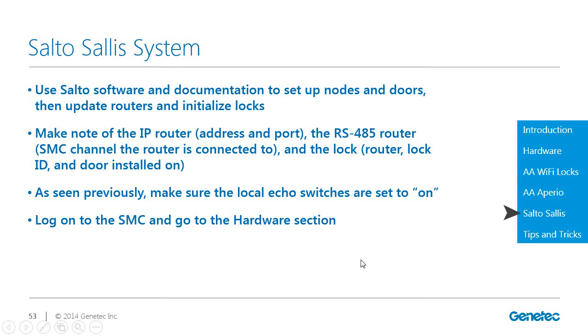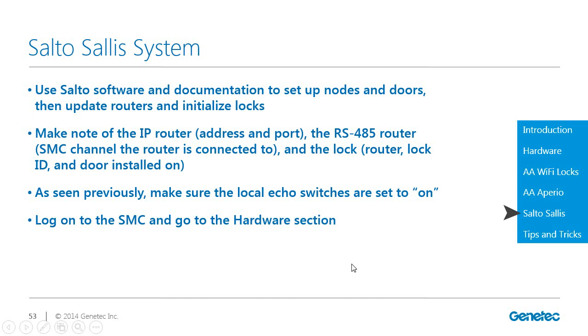Now you want to make note of the IP address of the router, which is the IP address and the port number, and for the RS-485 router, you want to know which SMC channel the router is connected to. As well, you want to make note of the lock information: the router, the lock ID, and the door where it's installed.